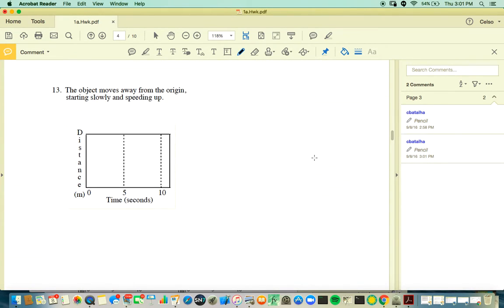Okay. The object moves away from the origin, starting slowly and speeding up. So here's the origin, and it started slowly. Which means the tangent here, take the tangent here, right? And it's growing. So every time you take a point, the slope is growing.